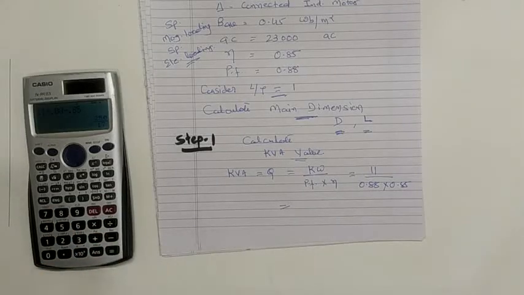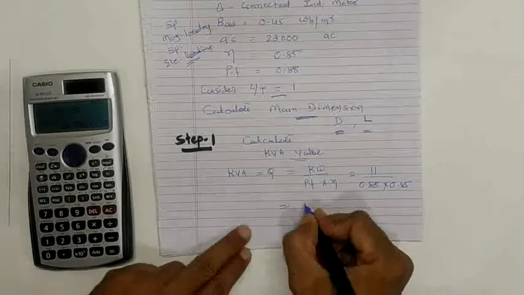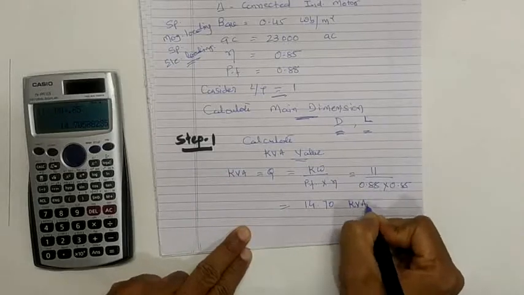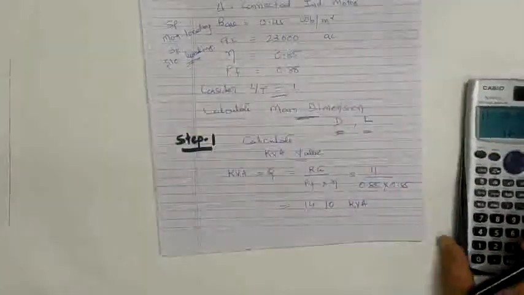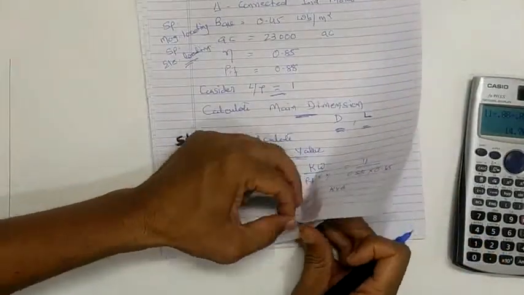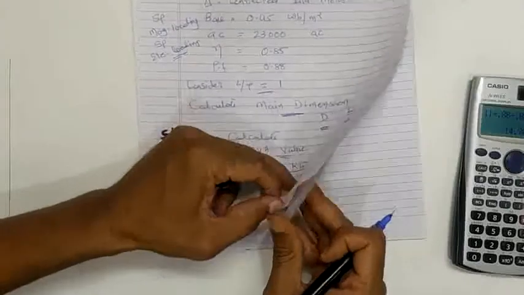It comes to 14.70 kVA. Now our step 1 is complete. So we have calculated the kVA rating.